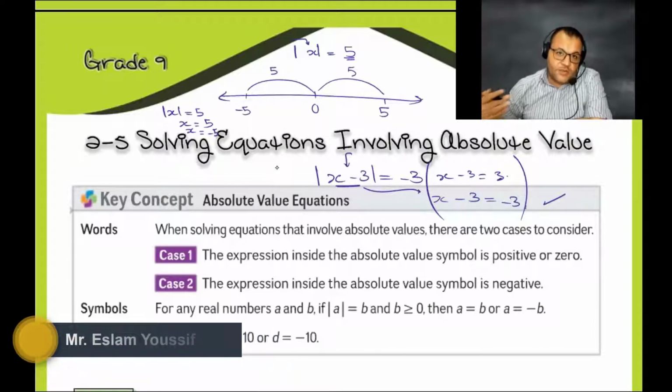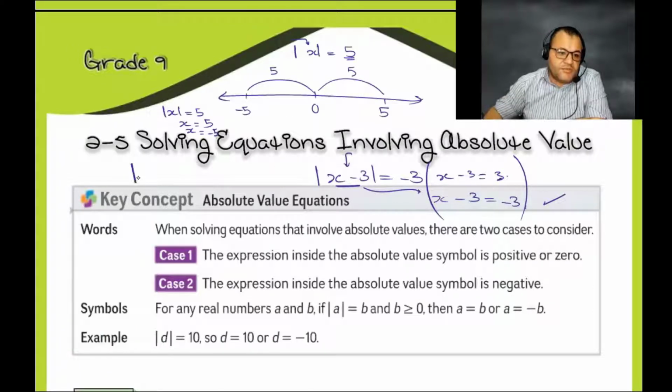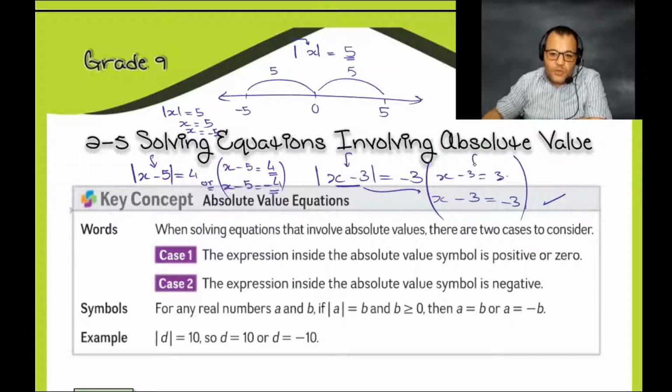If you go back to the previous one, when I say the absolute value of x minus 5 equals 4, we said that x minus 5 equals 4 or x minus 5 equals negative 4. That's what I'm saying now: whatever the expression inside the absolute value, it will be a positive value of 4 and a negative value of 4. So what if I say that x minus 3 equals negative 3? This one will be right or wrong?